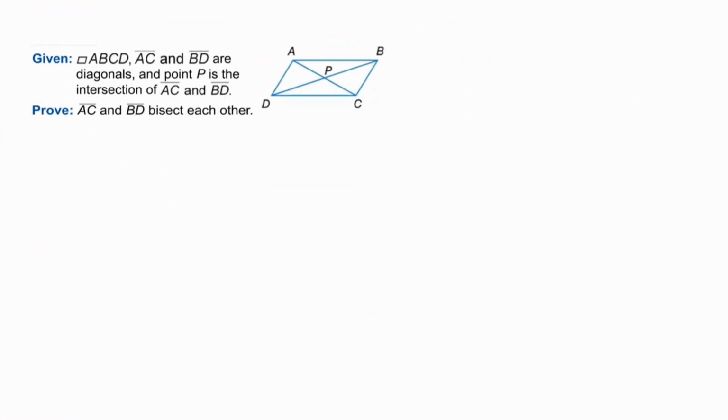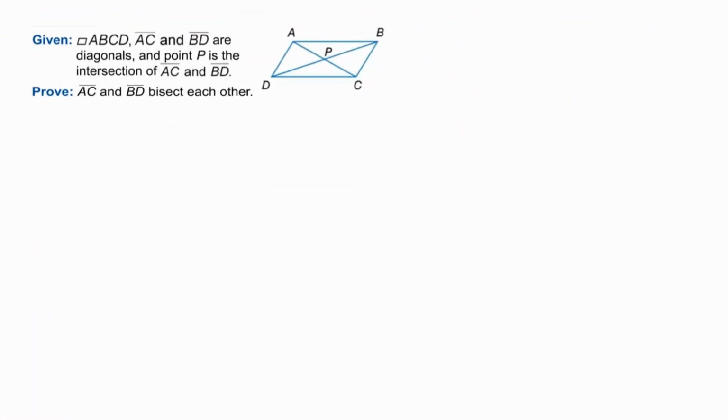Last problem is a proof. And in a proof, in this one, we want to prove that the two diagonals bisect each other. We know, but we actually want to prove it. So the first part of your proof is always the given. So we're given that ABCD is a parallelogram.